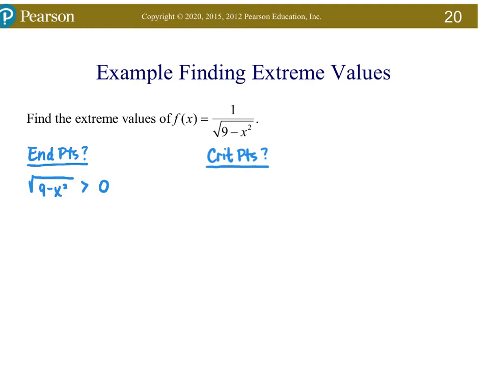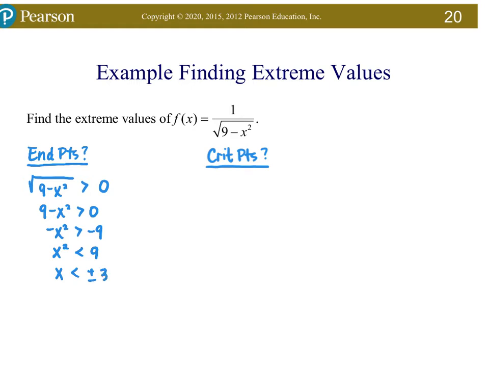So we square both sides. So 9 minus x squared is greater than 0. You're going to subtract 9. We have negatives on both sides, so we divide by a negative, which means, don't forget, flip the sign. And then we're going to square root. And when you square root, you have to remember there's not just a positive 3, but there's also a negative 3.